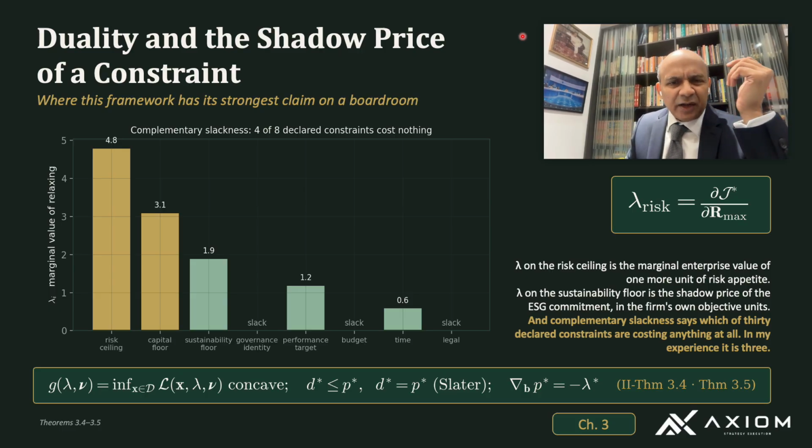So binding constraints have positive shadow prices that quantify what they are costing the enterprise, while slack constraints have 0 shadow price and cost nothing at the margin.